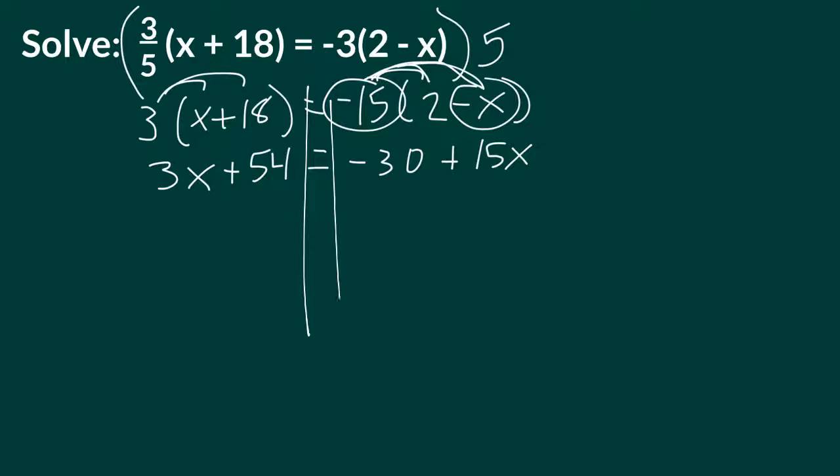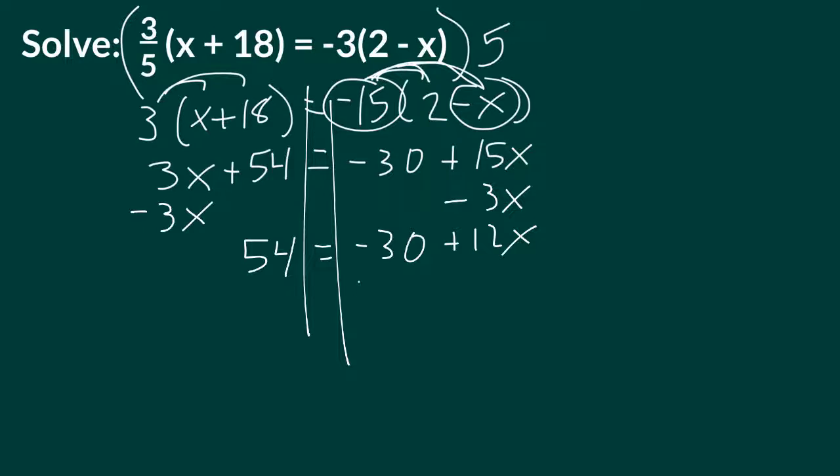From there, we would move the variables to one side. So I would generally move the smaller towards the larger. That gives me 54 is equal to -30 plus 12x.